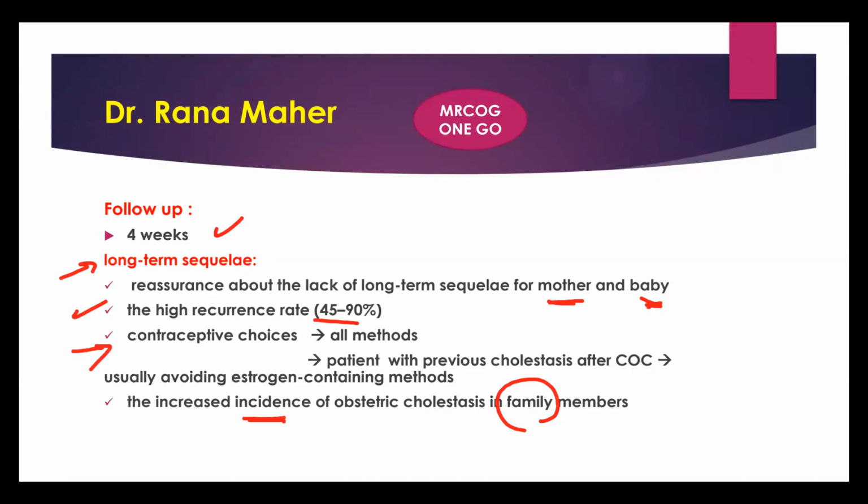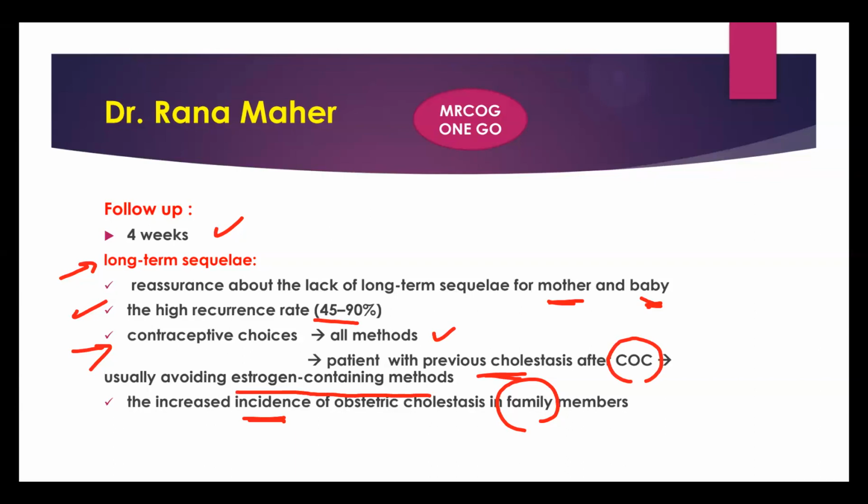Contraception advice, and here we have a recent update. It's different from the old one. All methods we can give, except the combined, but when will you not give the combined? If the patient has any previous cholestasis after using combined contraception or any estrogen-containing methods. So take care of this point, guys.